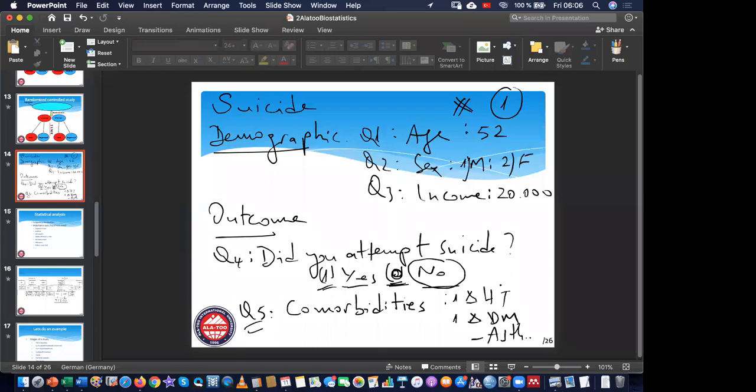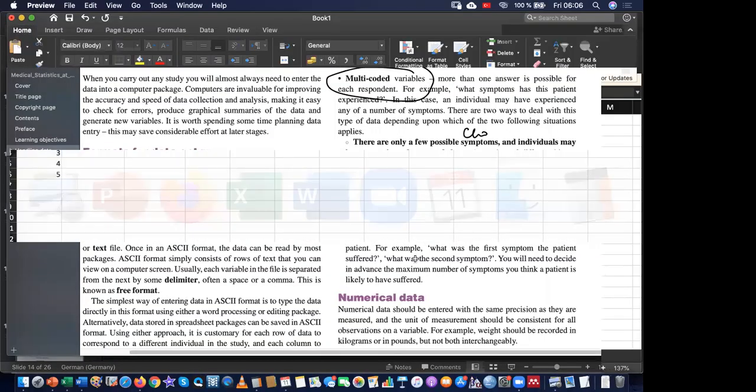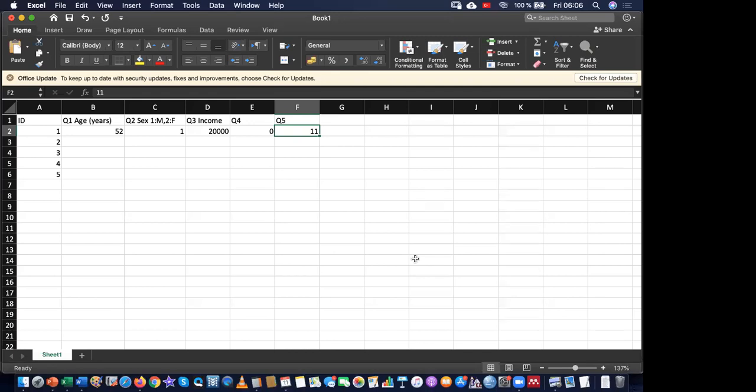Here, do we have a lot of choices? No, we have only three choices. And I have multiple of them. Then we code each of these variables as yes and no, present and absent.